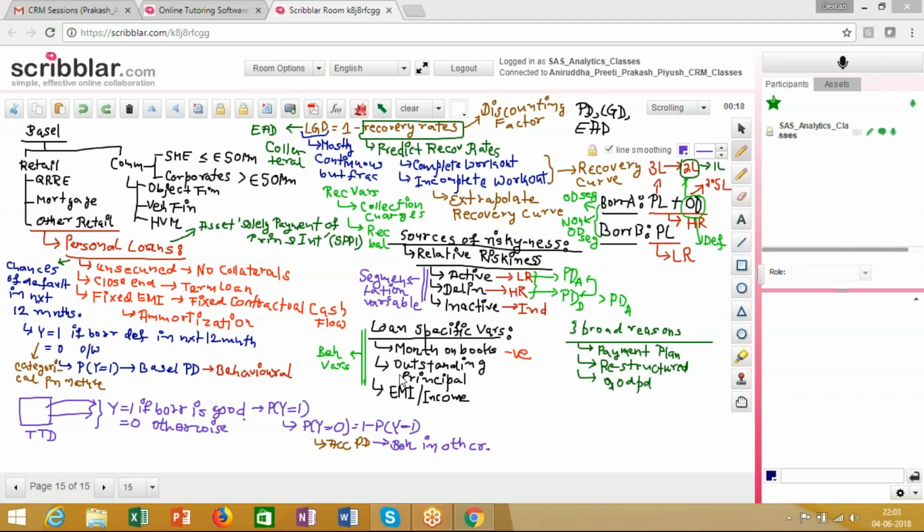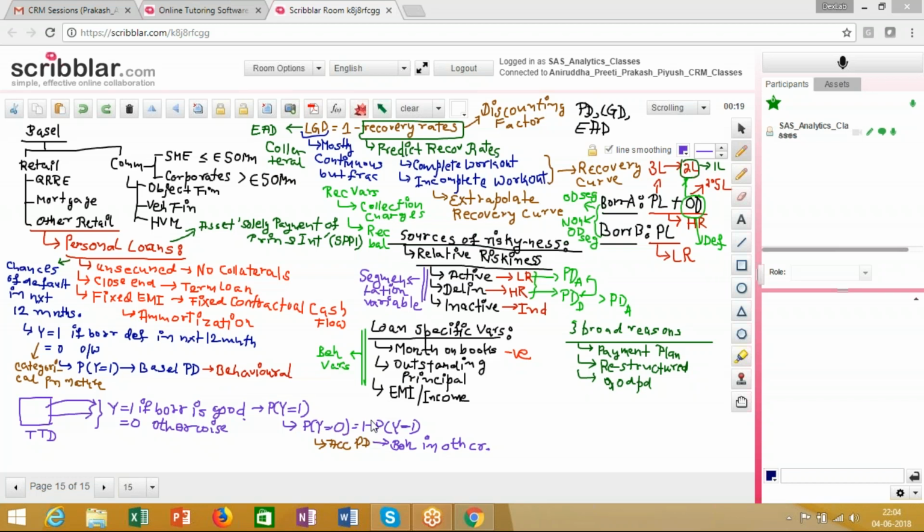And that is solely based on the behavioral variables that the borrower has, or the way their behavioral variables behave, right? However, this acquisition PD gets a very important role to play under IFRS 9.